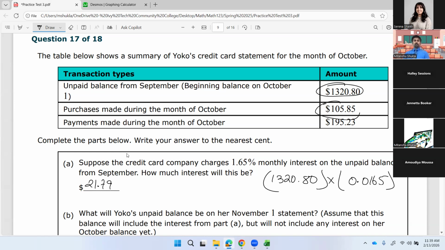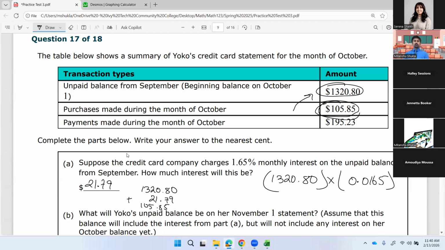What I need to do is take my September balance, or the end of September, beginning of October balance, add my interest on that balance, and add the purchase that I made in October, which is 105.85.